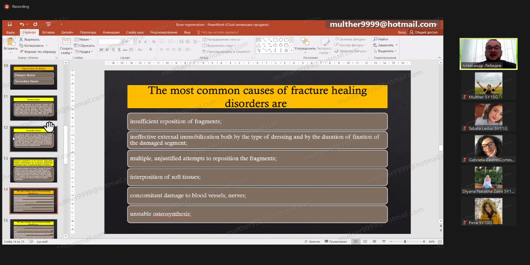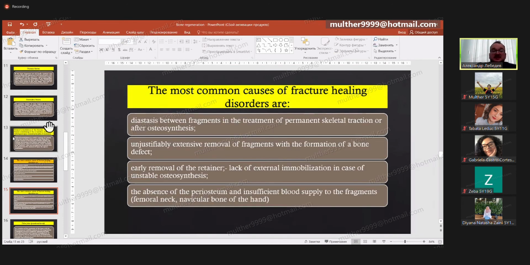But if you guarantee against my first 5 causes, I think that all of these don't play a great role in a bad result of the patient's treatment. Interposition, contamination, damage to vessels and nerves, loss of reduction, and localization of the fracture. Diastasis, it's my lovely definition of the malunion causes.